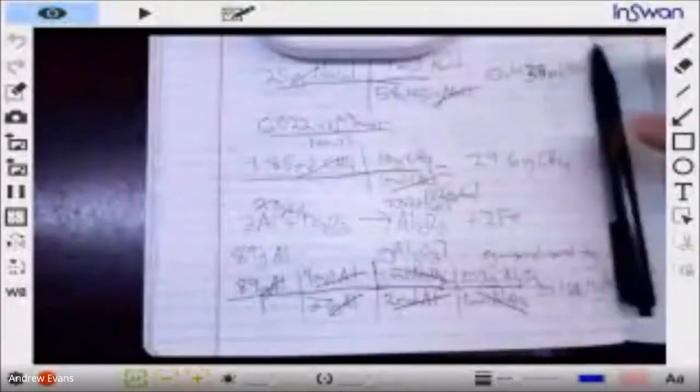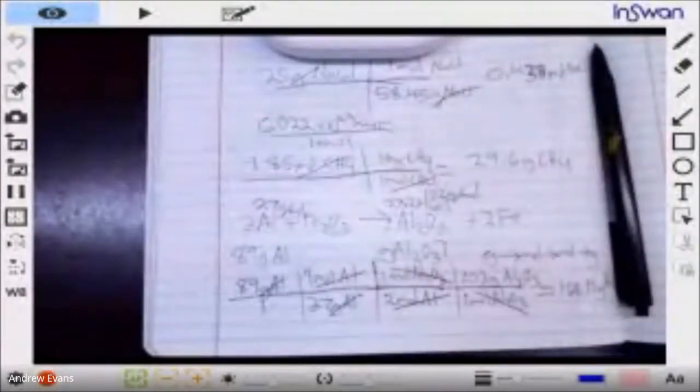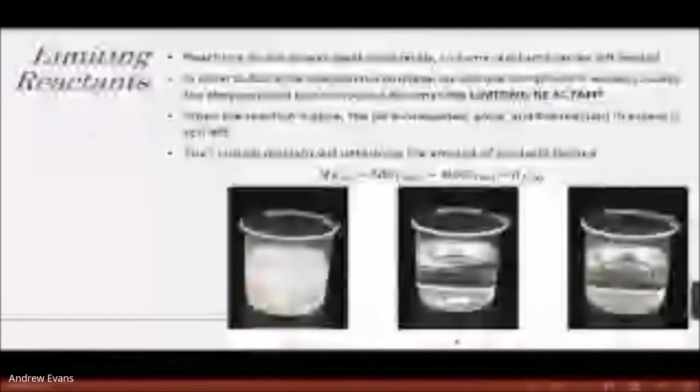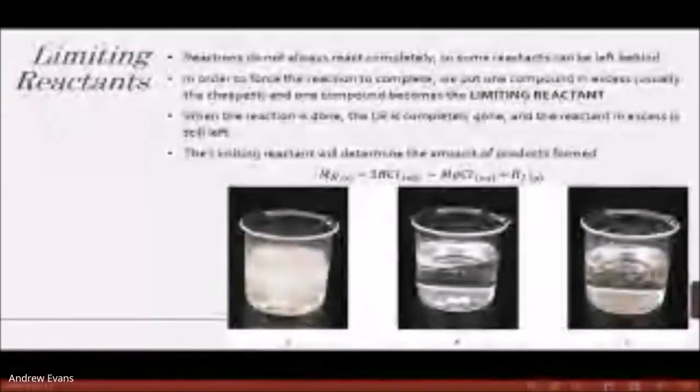So 168.11 grams of aluminum oxide, gaining a significant mass in terms of oxygen. Okay, so that's just an example of what we need to be able to do. That's the big thing. Everything else kind of goes from there.